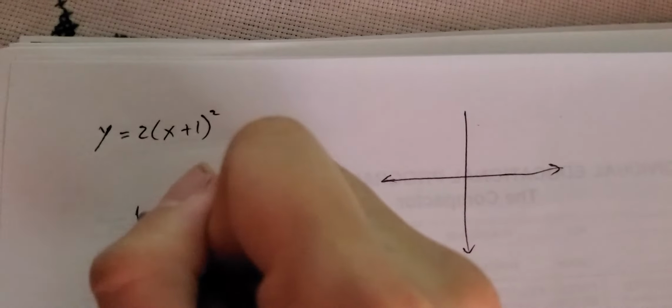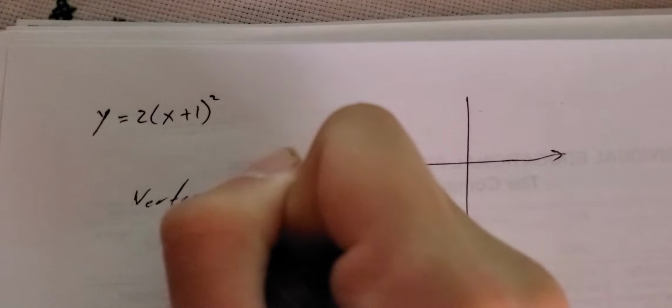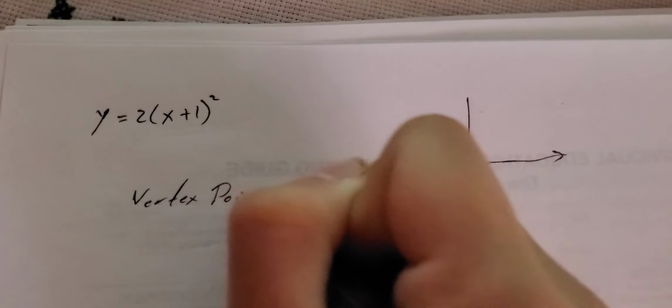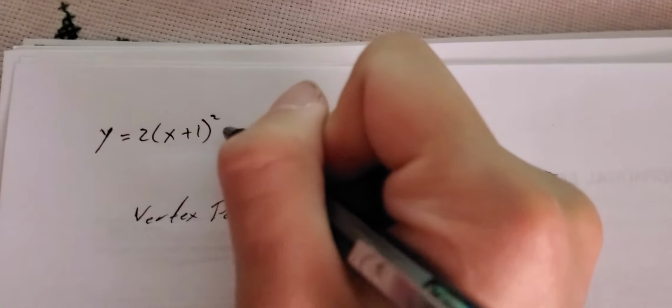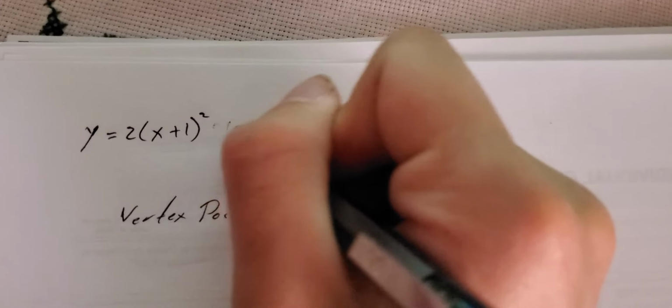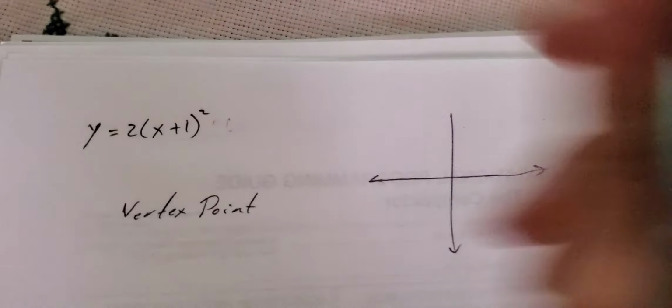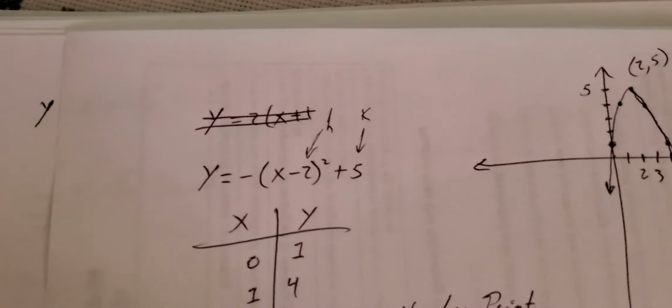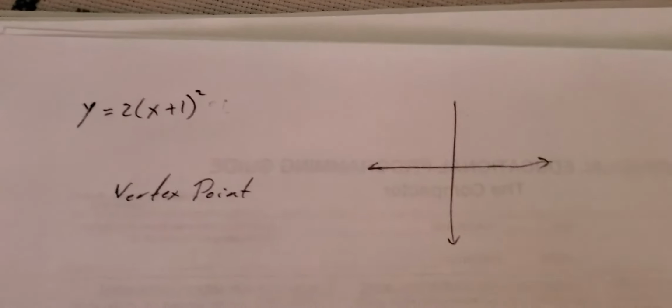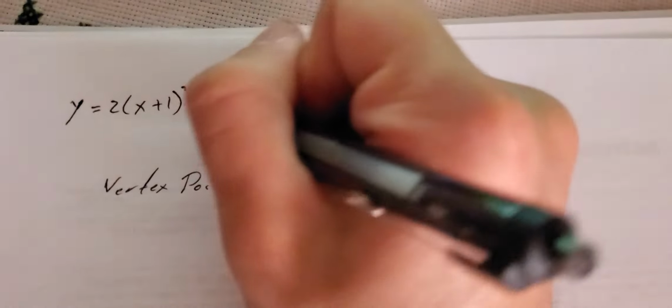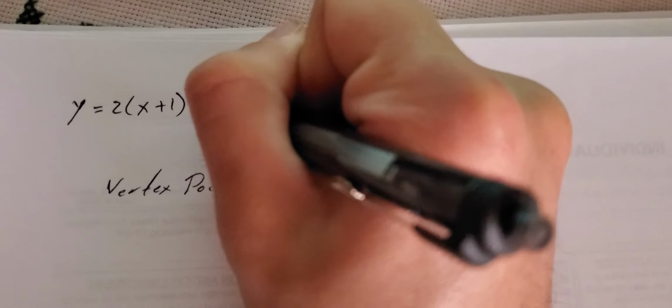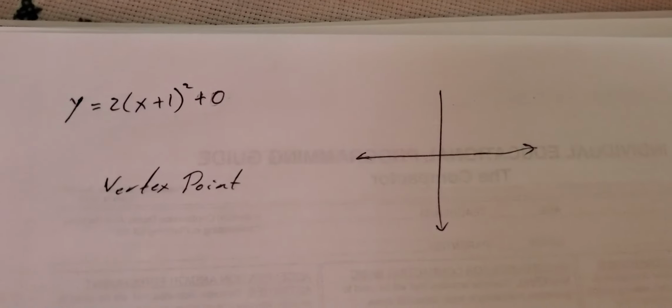First off, my vertex point. Notice that I have no number here. I usually have like a +5, which in my other problem I had a +5. That was my k. Here we have no number. Well, that no number can be expressed as a +0. So there's my k.